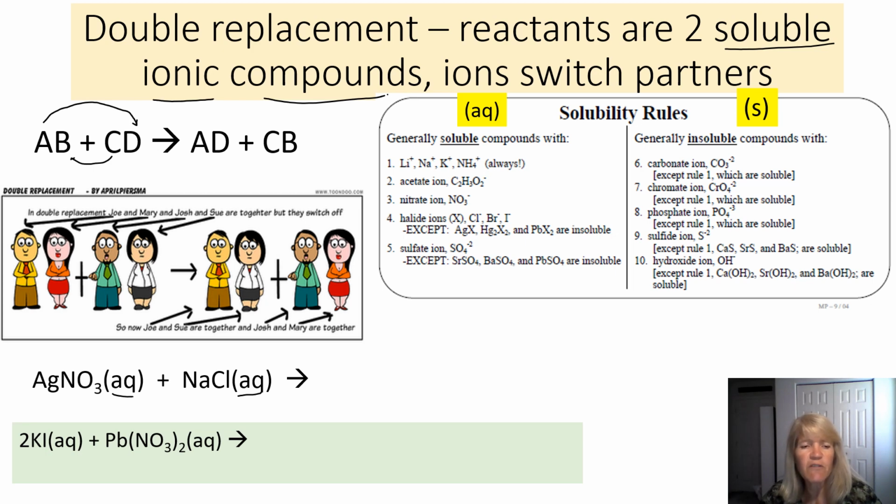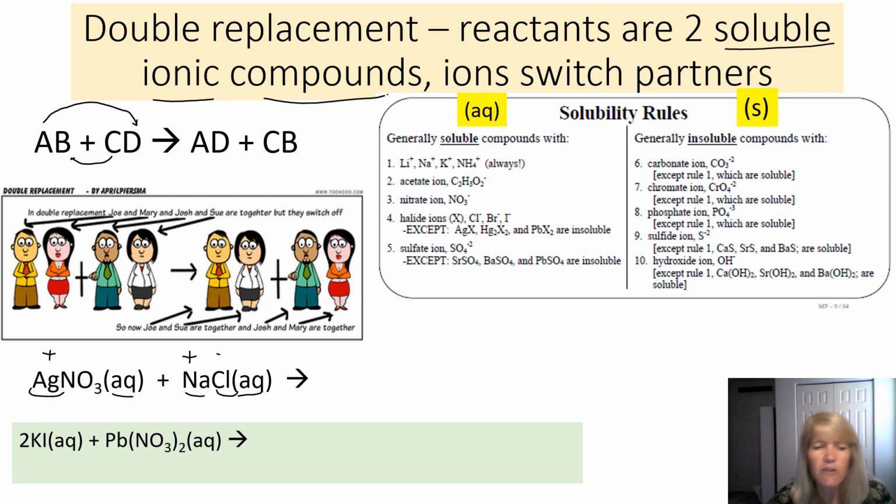Okay, so if you think about it, switching partners in this first reaction, silver is plus. That's your positive. So if it's going to leave the nitrate, would it go with the sodium that's plus or the chloride that's minus? Well, it only makes sense for it to go with the negative.